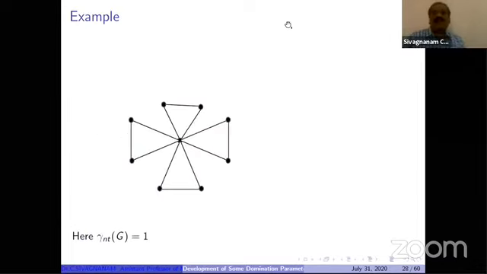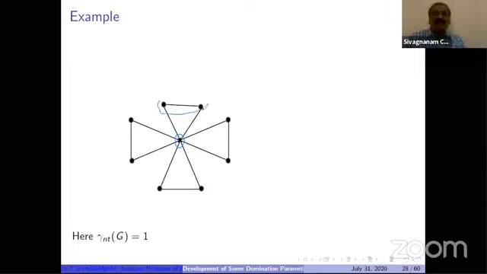In this graph you have to see, previously in this example, what is the gamma I told you? Only one vertex I have to select. This vertex I am selecting, then only one vertex is available in S. So gamma equals 1. And gamma NC, neighborhood connected dominating set, means we have to take another vertex also, so gamma NC equals 2. But now we need NS to contain no isolated vertex. So what is NS in this example?